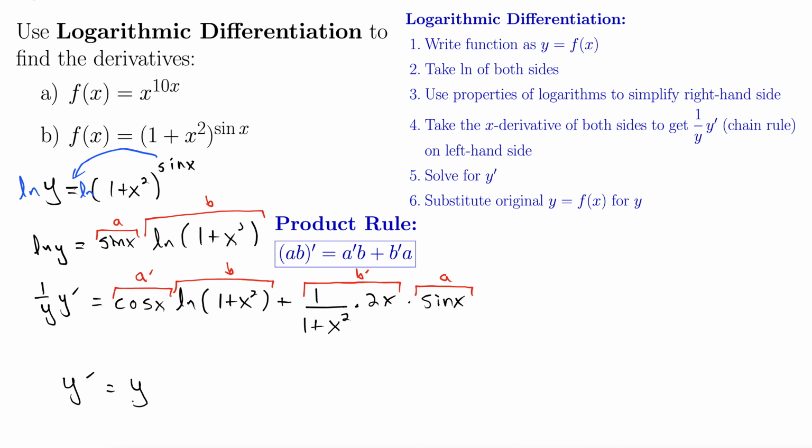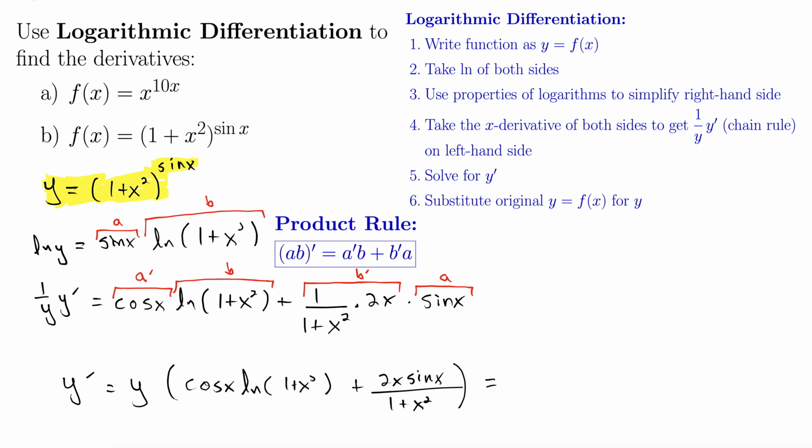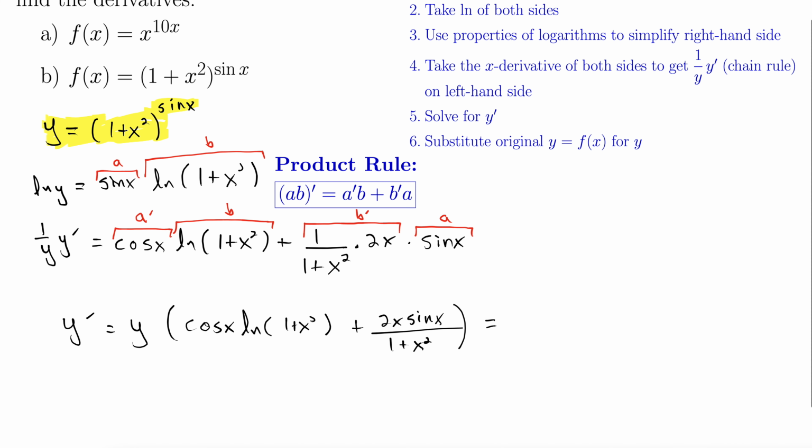So that gives us y times the quantity cos x natural log 1 plus x squared, plus, let's write this as 2x sine x over 1 plus x squared. And finally, we substitute our original f of x in for y. Recall all the way back in the beginning that y was the quantity 1 plus x squared to the power of sine x. The answer is so long, I'm going to need to scroll down a little bit.